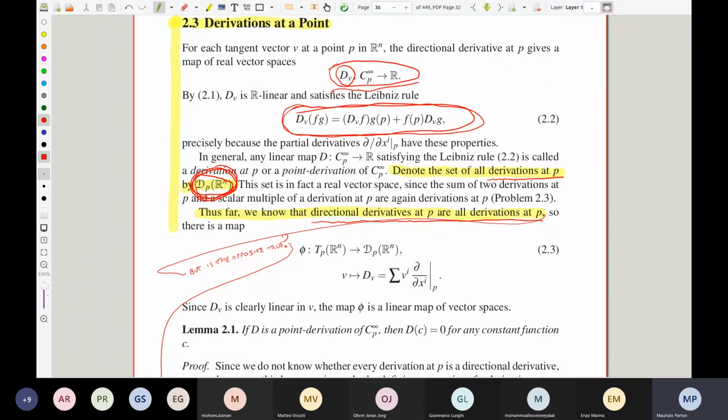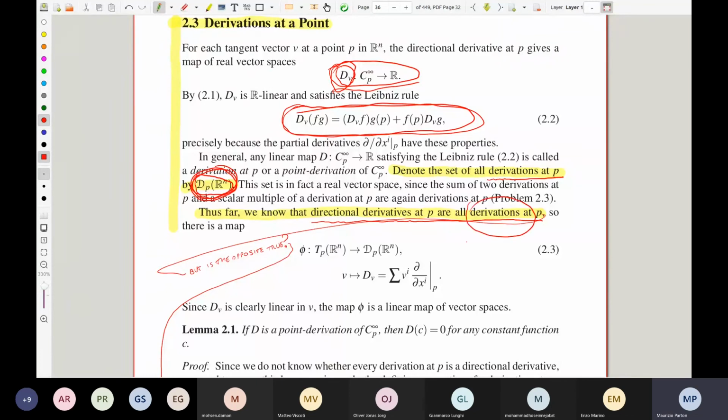Now, whenever a mathematician finds such a statement, that every derivative along a vector is a derivation at P, it is very natural to ask if the opposite is true.